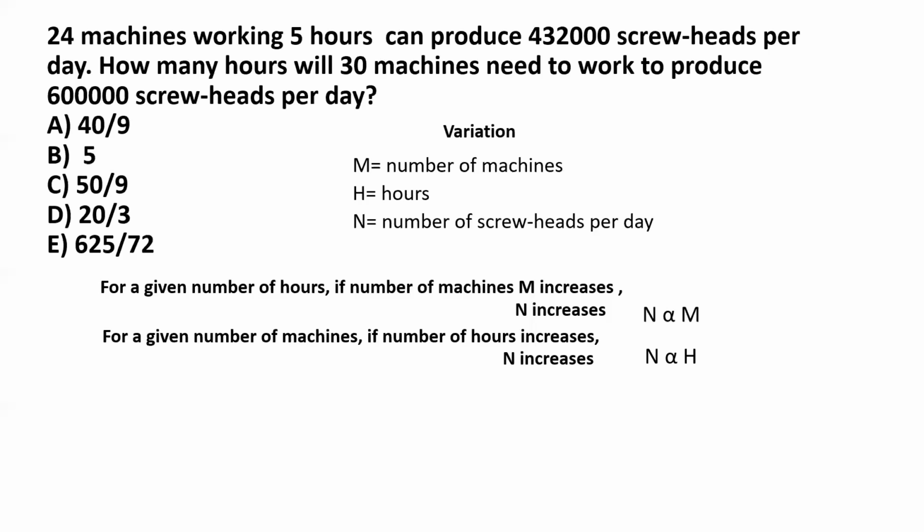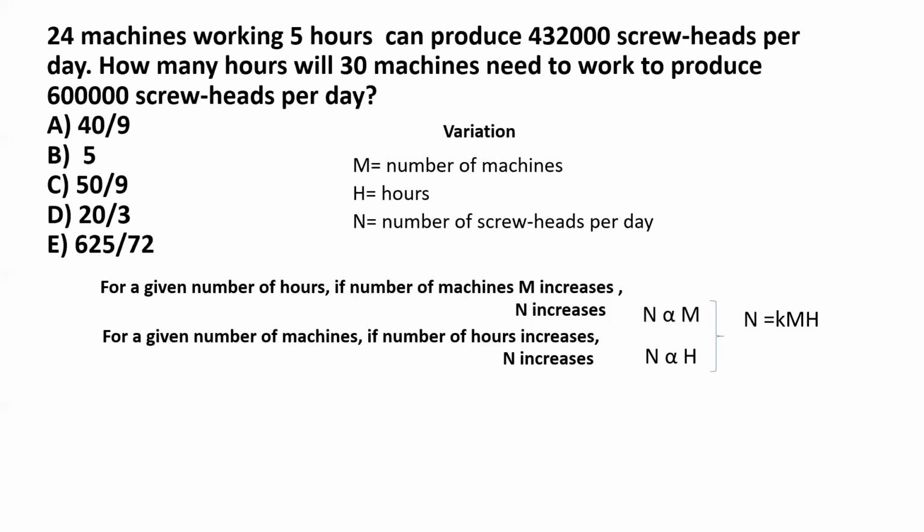So now if we combine both of these relationships by joint variation, I can write this relationship: N is equal to K multiplied by MH, where K is a constant, right?